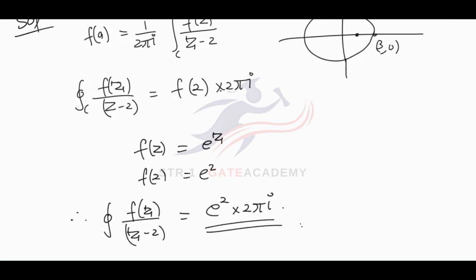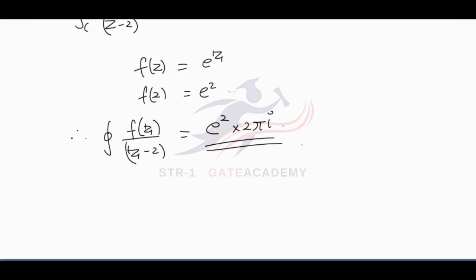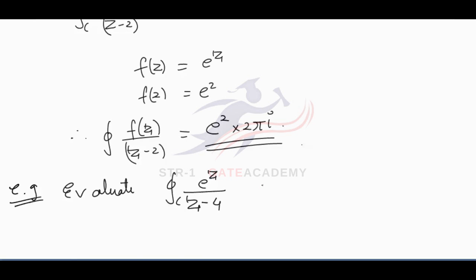That's your answer, right? But if supposedly the question was asked like this: evaluate the integral over closed curve of e raised to z upon z minus 4, where C is a circle with mod z equal to 3.